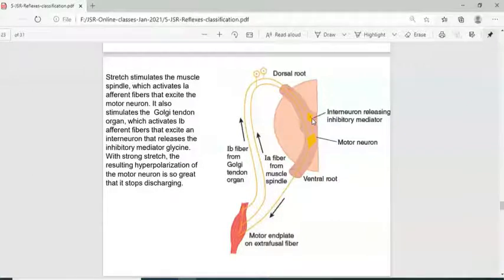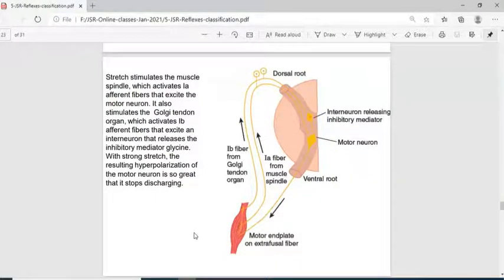Okay, and there is an interneuron. This interneuron produces inhibitory neurotransmitter glycine, and glycine inhibits the motor neuron. So when it inhibits the motor neuron, there will be no contraction. That means there will be relaxation of the muscles. So the tension that was developed in the muscle, it gets relaxed.